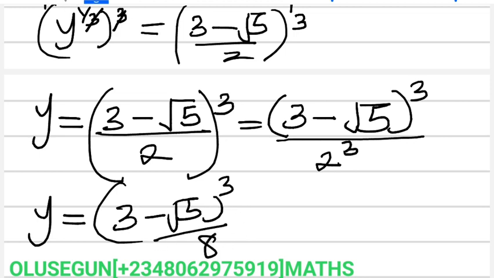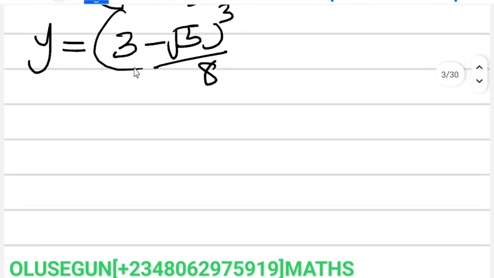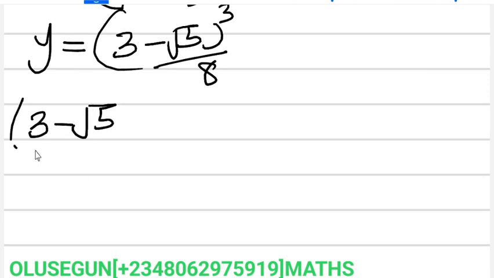Now how can we expand? We need now to expand 3 minus root 5 all raised to power 3. In expanding this, let's go back to the Pascal expansion in binomial expansion. In Pascal's triangle we have 1, 1, 1, 1, 2, 1.